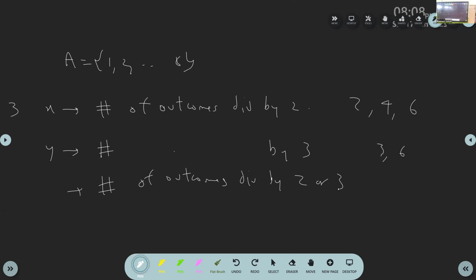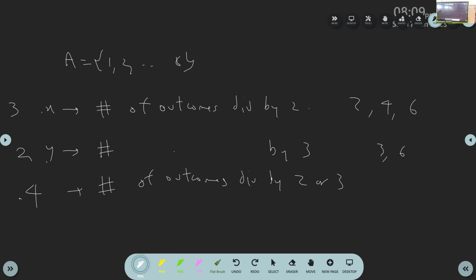The answer is 4, because this will allow 2, 3, 4, and 6. 1 and 5 will not be allowed, right? So that's the answer 3 and that's the answer 2. If you just add them, I'll get 5. But here the answer is 4.